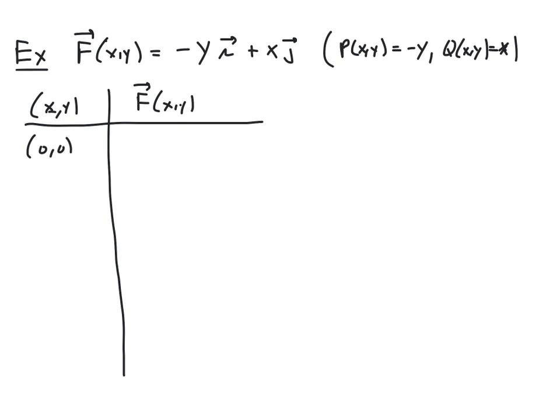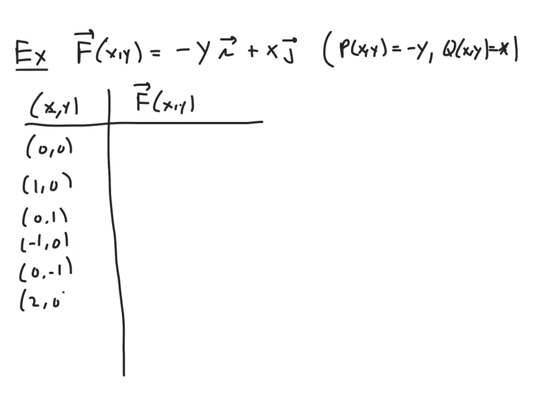So I'm going to look at 0, 0. We can go out sort of to points that are 1 unit away. So 1, 0, 0, 1, negative 1, 0, 0, negative 1. So those are the 4 points where the unit circle hits the axes. And then we could do the same thing for maybe the circle of radius 2 centered at the origin.